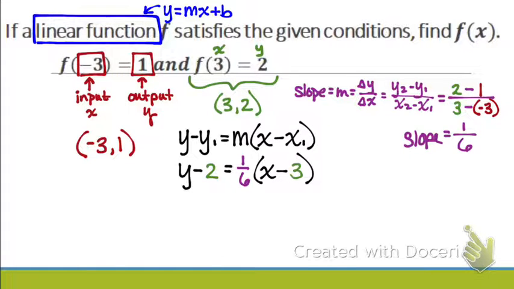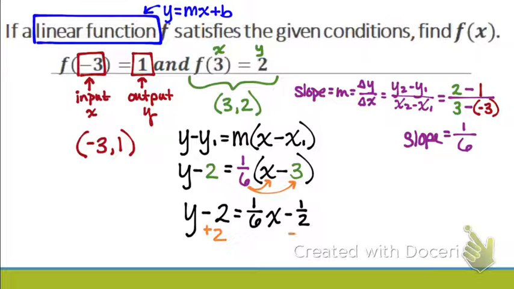From here, I'm going to distribute to get it into slope-intercept form, so I'm going to distribute my 1/6. What is 3 times 1/6? 1/2. And then I'm going to add 2 to both sides. -1/2 and +2 is going to simplify to what? 1 1/2, or 3/2.